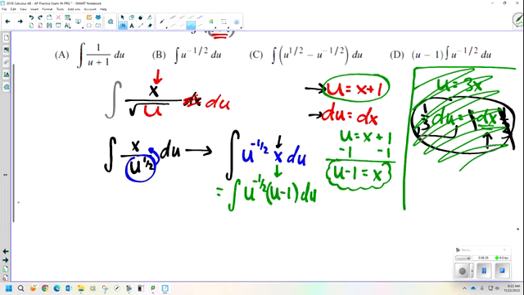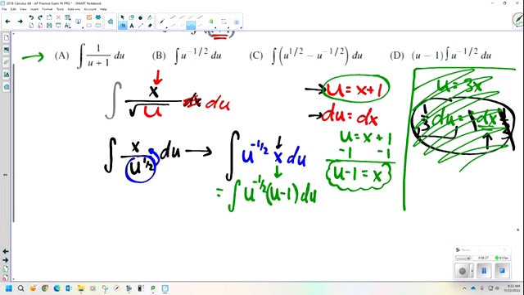Well, if I look at my answers up here, I don't see anything that looks like that. But you know what I do see? I see something with here. So I'm going to distribute. I'm going to multiply these together, and hopefully I get the same thing. The integration: this is u to the 1. I need to add exponents.